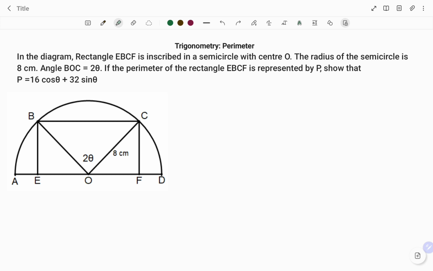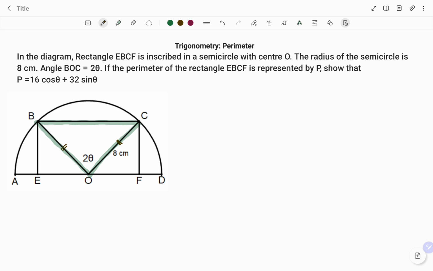If you go back to the diagram, we've been told that the rectangle is inscribed in a semicircle, and therefore, if you look at triangle BOC as shown, that will be an isosceles triangle because OC and OB are both radii of the circle, so they are equal.